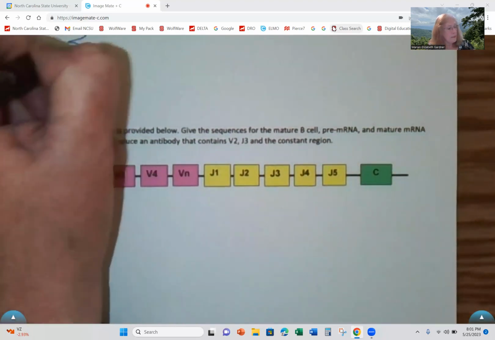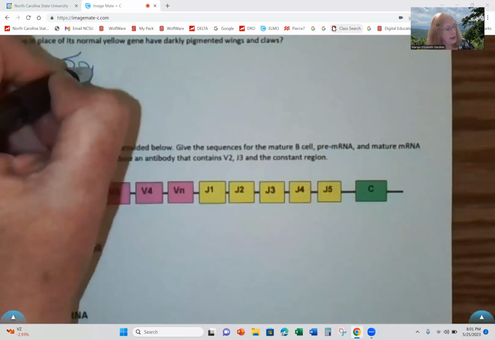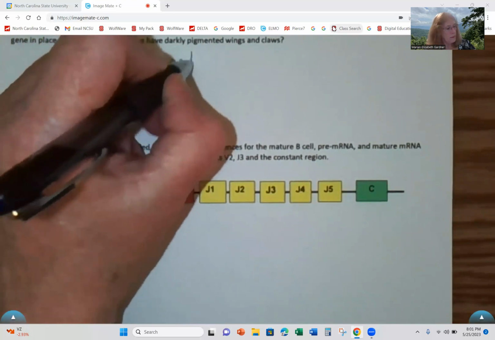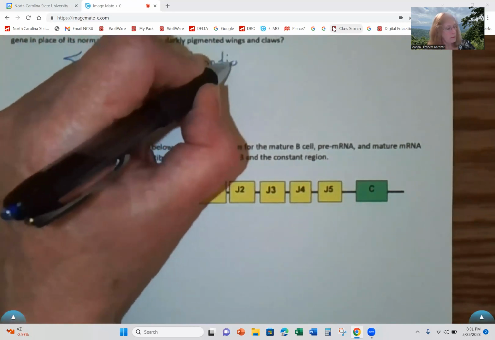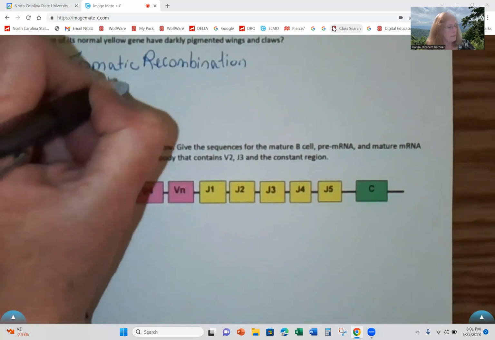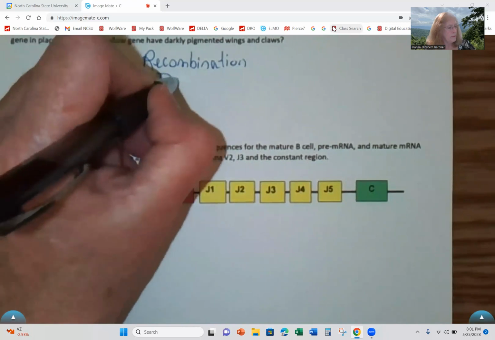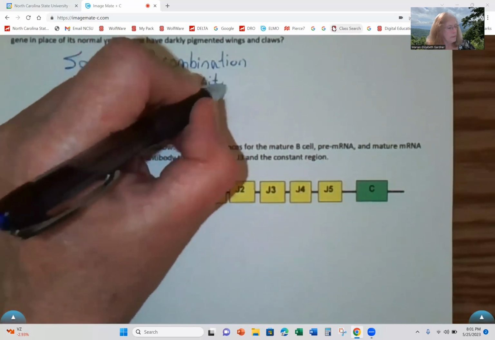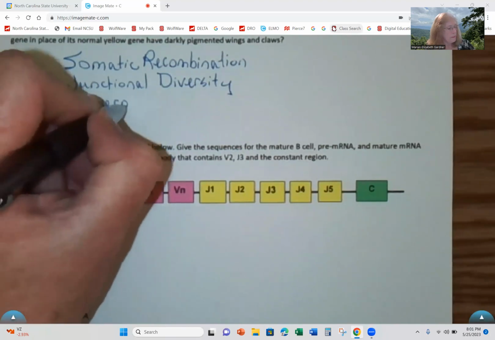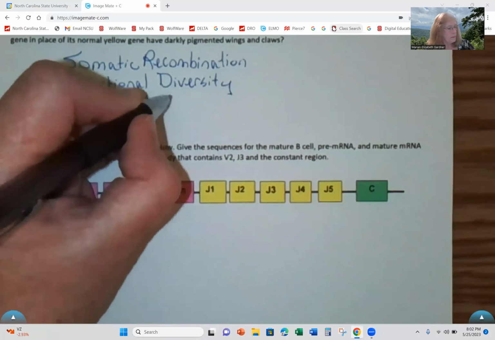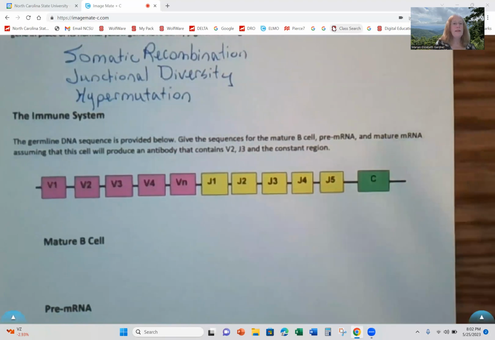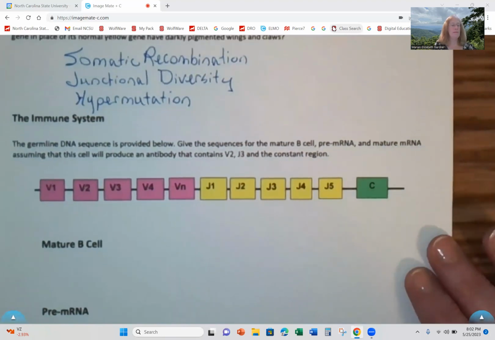There are three things: the somatic recombination, junctional diversity, and hypermutation. So let's look at how these work in this particular situation.